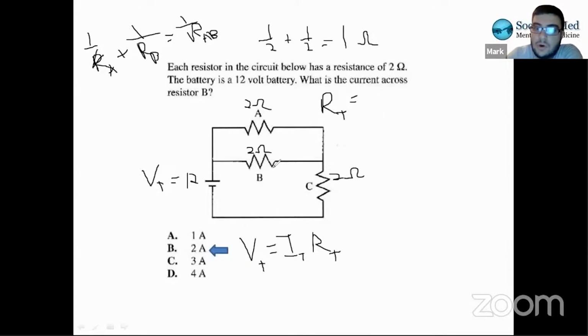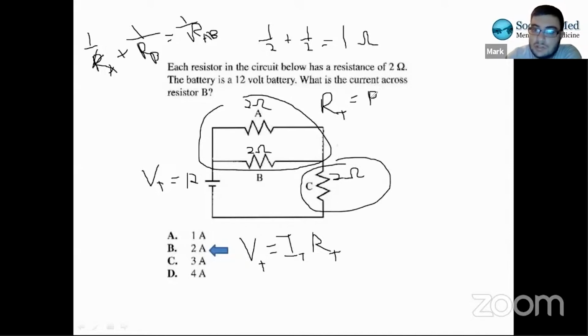And then RAB and RC are in series, right? This whole thing and this little thing are in series. So you do RC plus RAB. RAB is the combination of these two in parallel. We said this was 1, and this we know is 2.